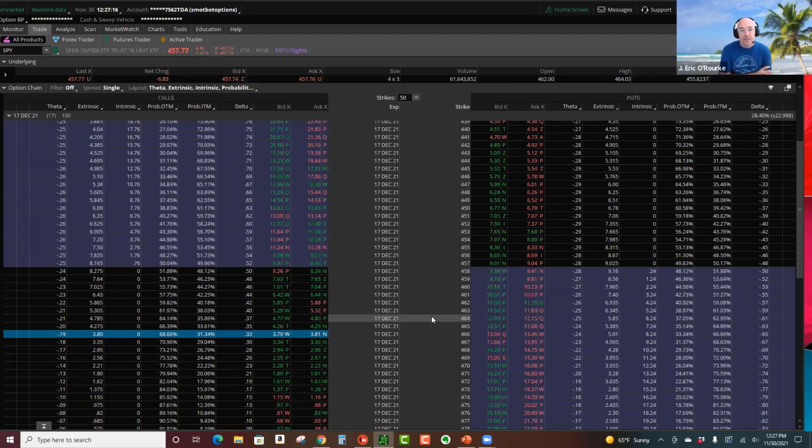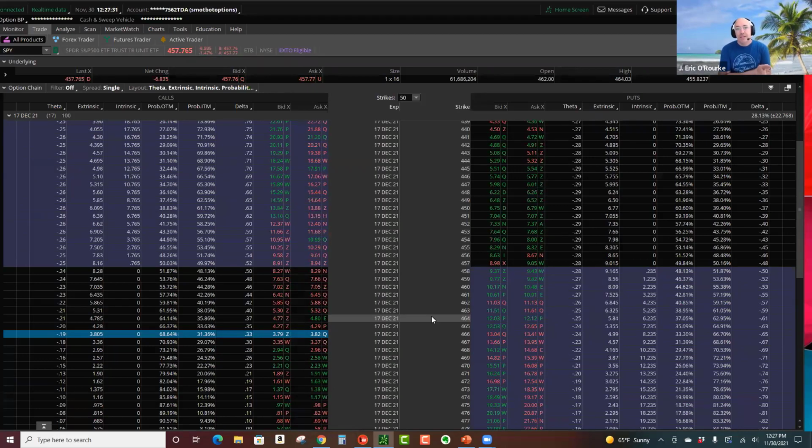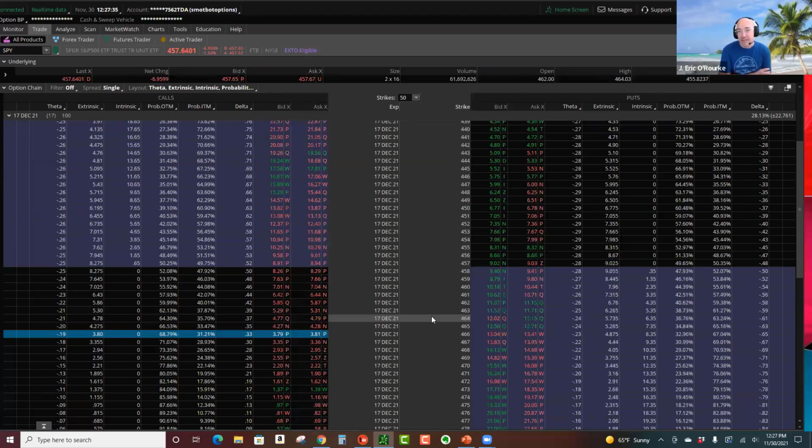The COVID crash is a good example, probably the biggest example in my lifetime of the fastest drop, 40, whatever percent it was. It just went down super fast in like a month. So you can't sell a 30-day option unless you nail the top, right?